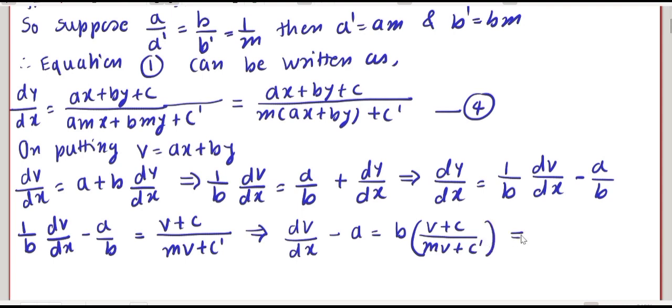Now we get dv by dx is equal to a plus b into v plus c by mv plus c dash, taking minus a to the right side.